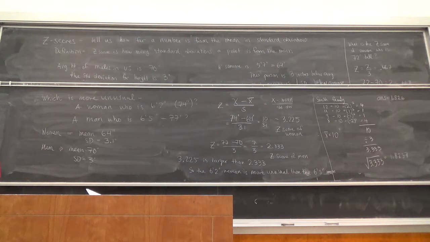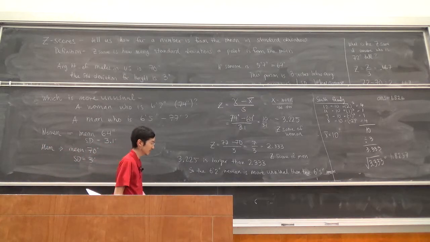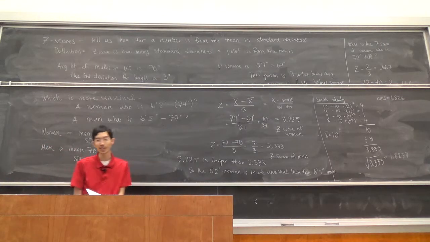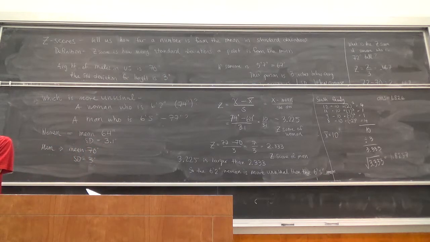We could talk about what's more unusual, an elephant that weighs this many pounds, or a giraffe that weighs this much, or someone scoring this score on a test, or someone getting that. So z-scores, this is our first exposure to them.